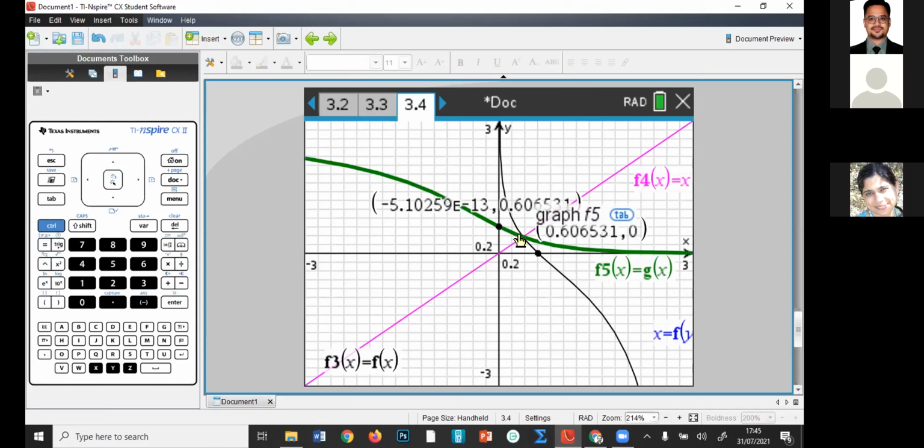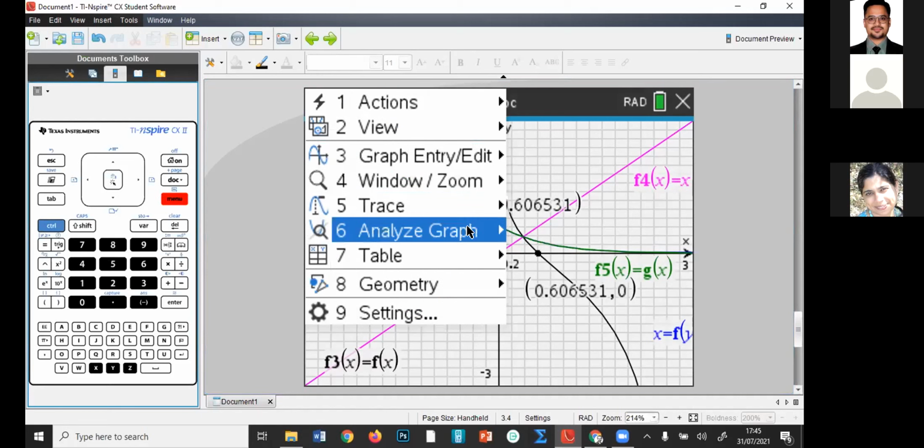So it seems it has to be this point onwards. From the graph, we can see this point. Actually, not this point. We need to find the point of intersection here.